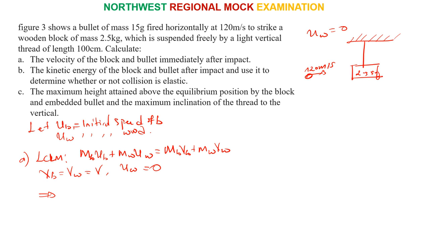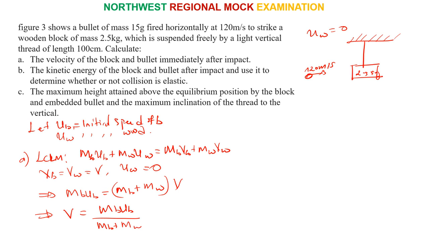So from here, MB UB will be equal to MB plus MW, all of this times V, and so V will be equal to MB UB, all of this divided by MB plus MW.